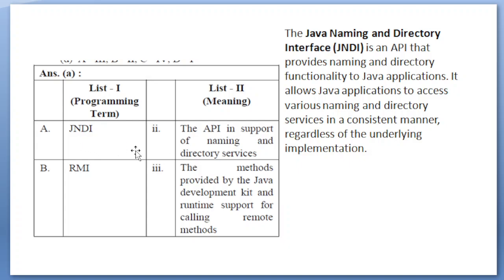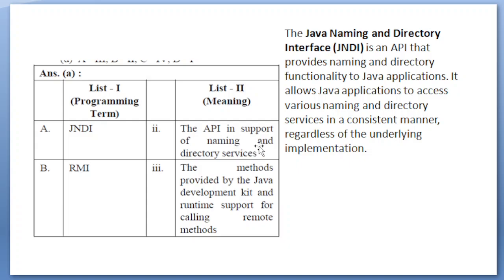JNDI means what? Java Naming and Directory Interface. This is an API in support of naming and directory services, and you can develop Java applications using this Java Naming and Directory Interface.